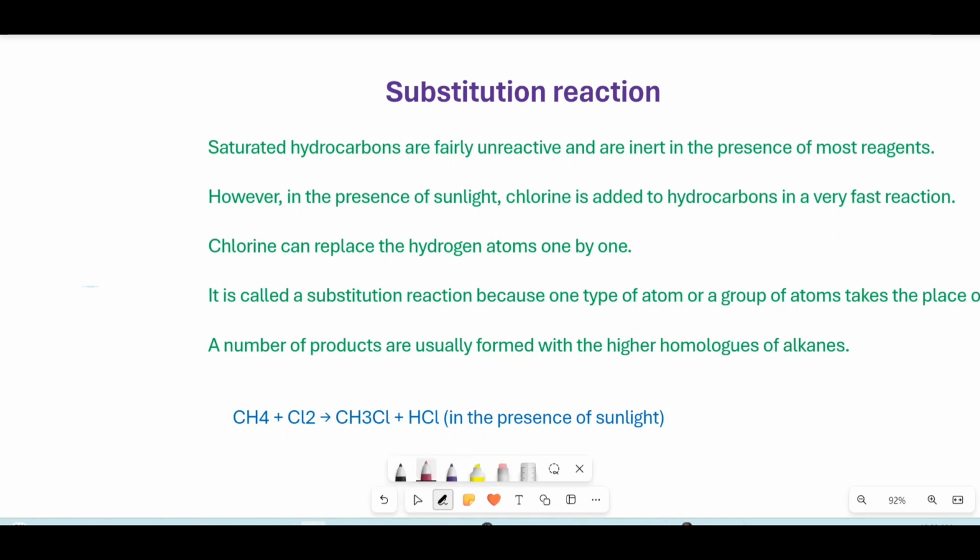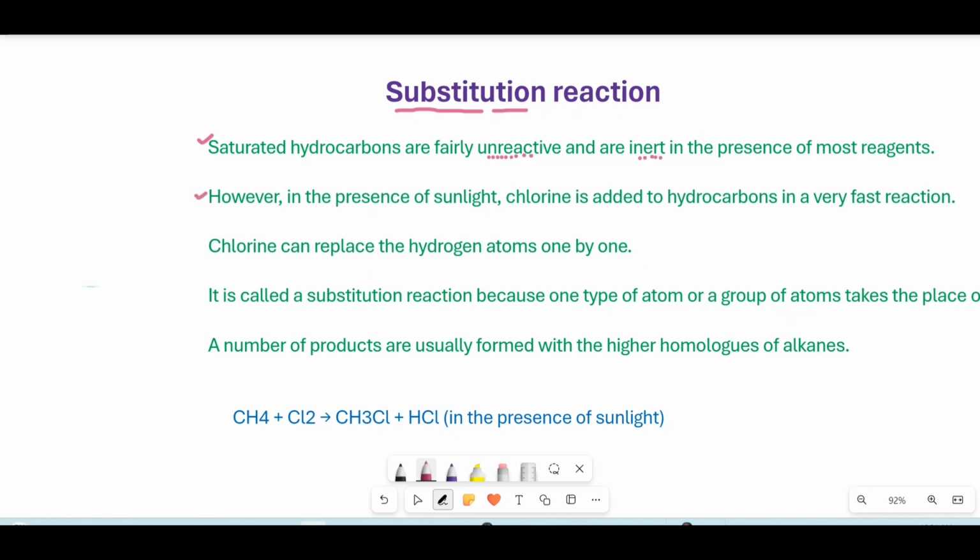Fourth reaction is substitution reaction. We are substituting one atom or a group of atoms with another atom or group of atoms. That's called substitution reaction. Usually our saturated hydrocarbons, alkanes, are unreactive and inert. Inert means they are not reacting in presence of most reagents.